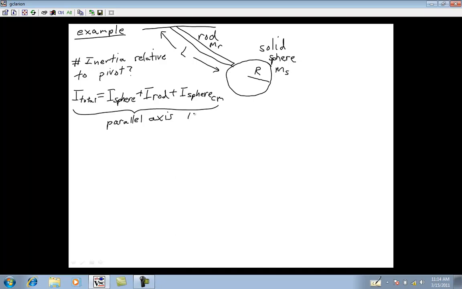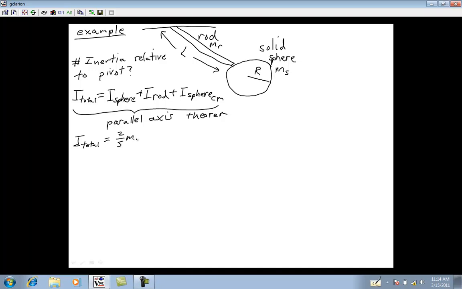Look at this really carefully because I took some shortcuts when I was doing this and missed a couple things. First of all, what's the rotational inertia of the sphere? 2/5 m R squared.